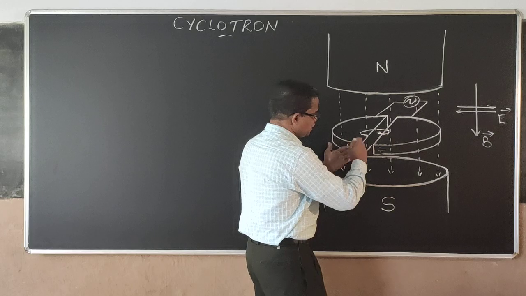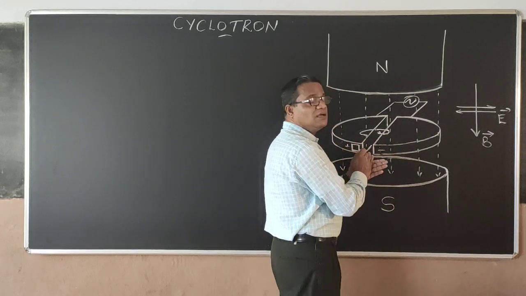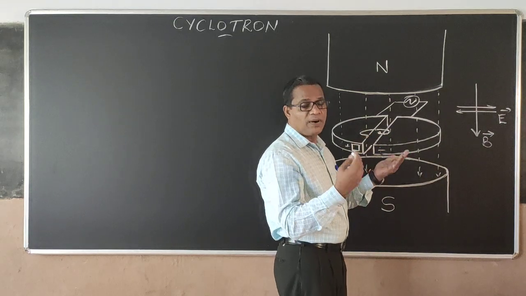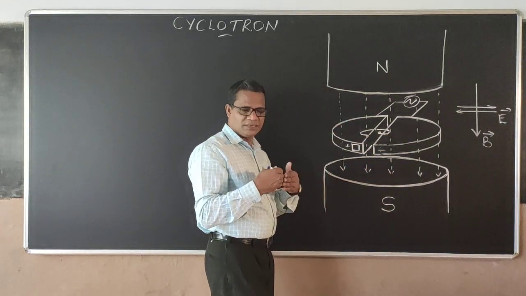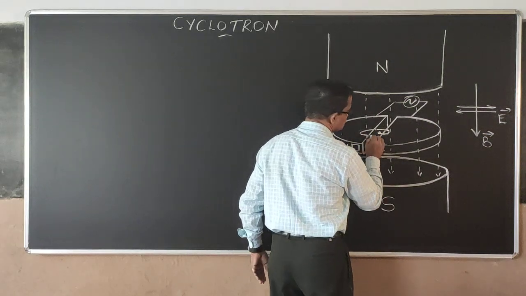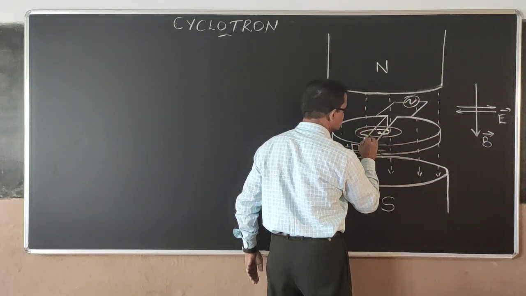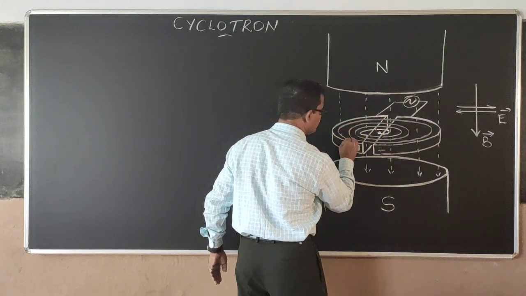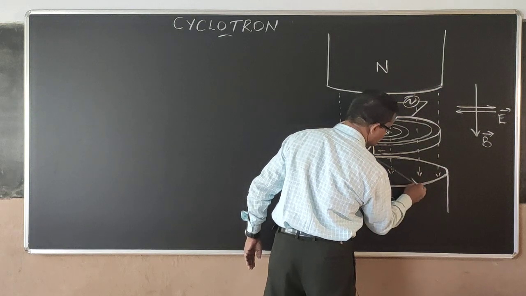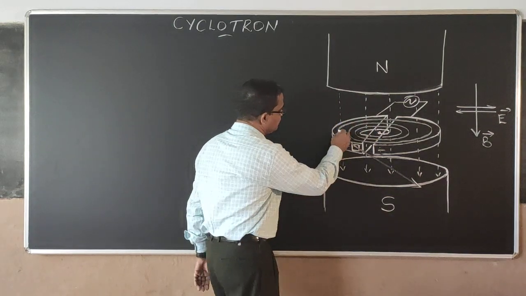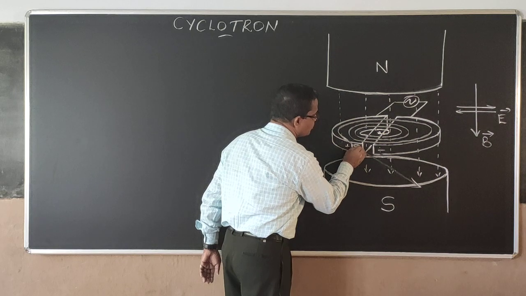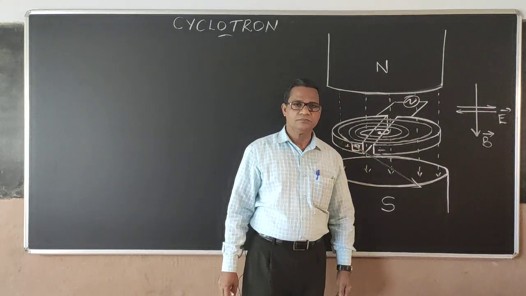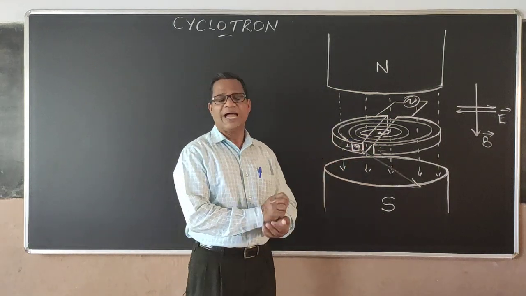Like that, the change of polarity of this field and the coming out of the particle are synchronized, and you can see this process continues and it goes in a larger and larger circle, and as it reaches the maximum, it will come out through the window provided. So the particle will be shooting out through the window provided here. Okay? So this is how the action is taking place.